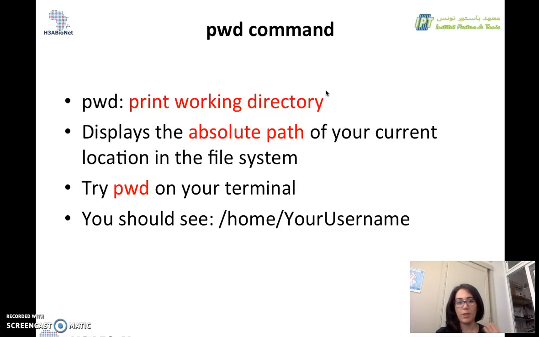So if you did not move from one directory to another yet, when you type pwd, you should get the absolute path of your home directory, which is your current working directory when you first log in. So you should see something similar to home and then your username, as we tried previously with the terminal. You can try to do that again to check.